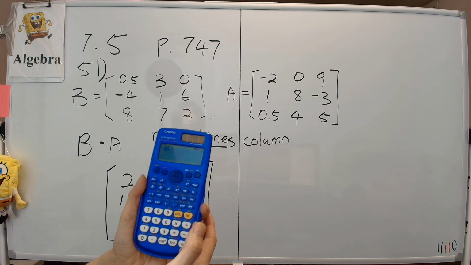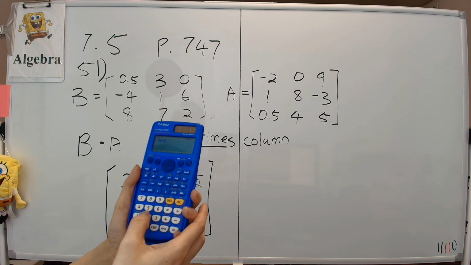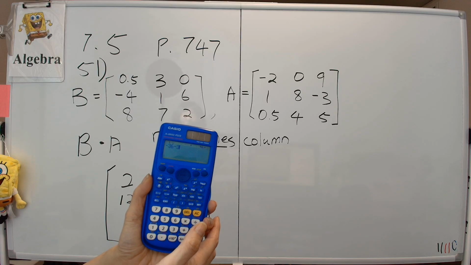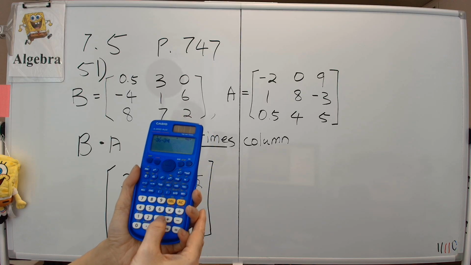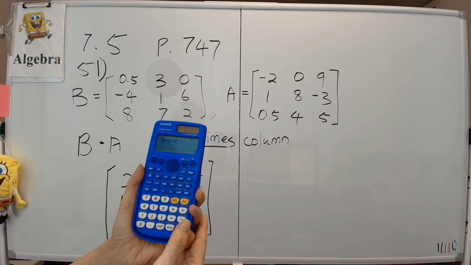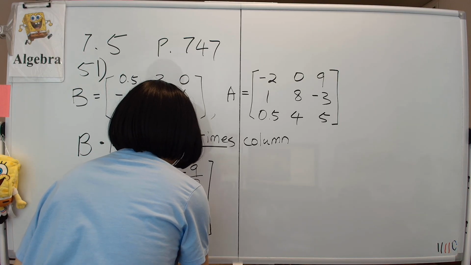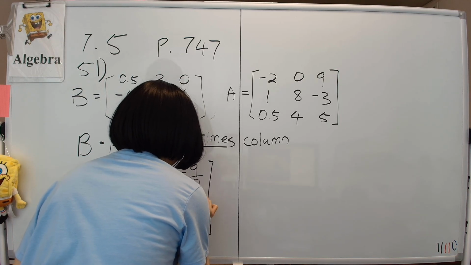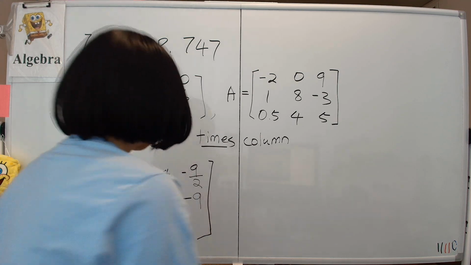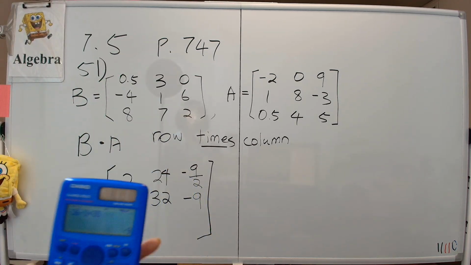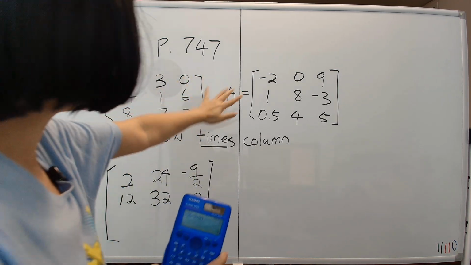And then 1 times minus 3, that's minus 3. And then 6 times 5, that's plus 30. And that gives us negative 9. Okay, we're done with the second row, and then so we'll do the third row.